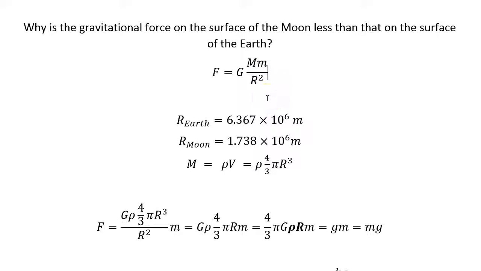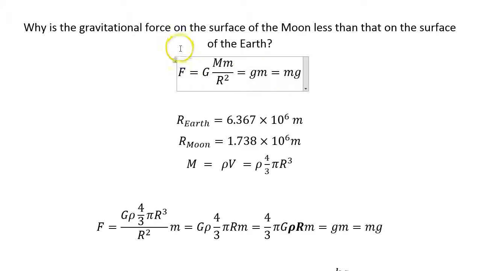We could actually call this little g times m, or if you like, m times g. So little g would be capital G M over r squared.